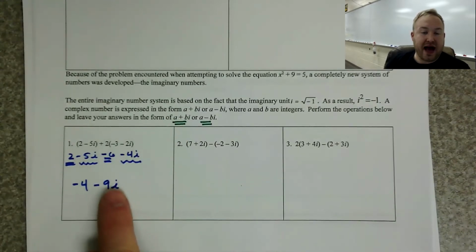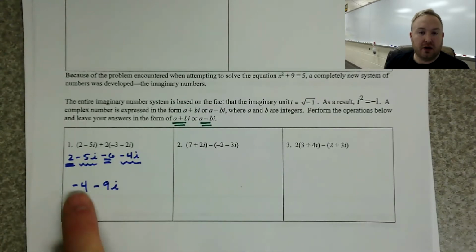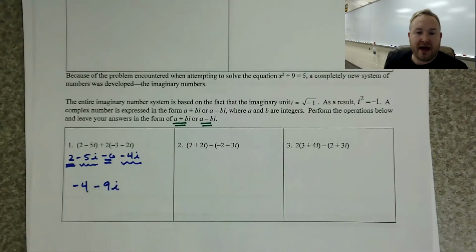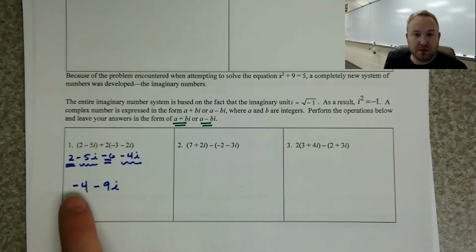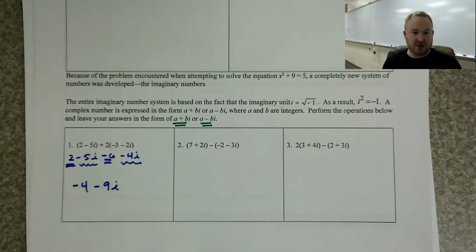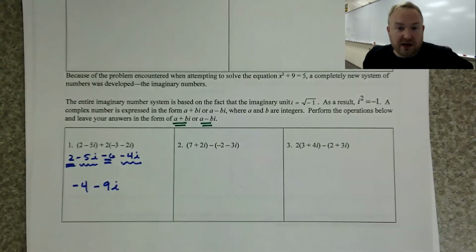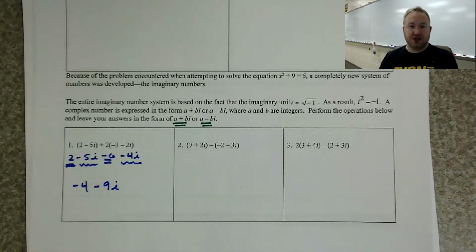And then you've got the i part, the imaginary part. So you've got a real part and you've got an imaginary part. The i always goes second. The real part goes first. I know it doesn't really matter which one goes first and which one goes second when we're just simplifying variable expressions, but with complex numbers, the real number goes first, the imaginary number goes second.